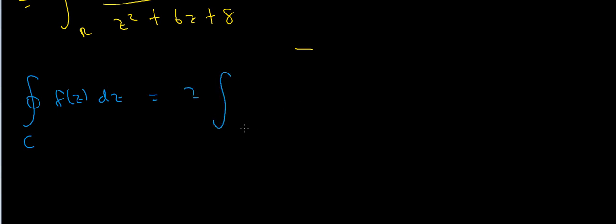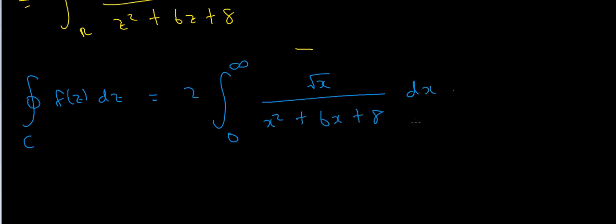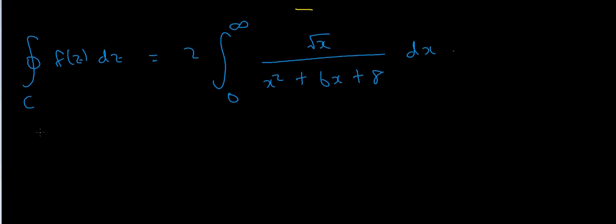Well, I want the limit as epsilon goes to 0 and as r goes to infinity. So once that happens, I'm going to end up with the integral from 0 to infinity of the square root of x, all divided by x squared plus 6x plus 8 dx. So if we divide both sides by 2, I think you see where this is going.